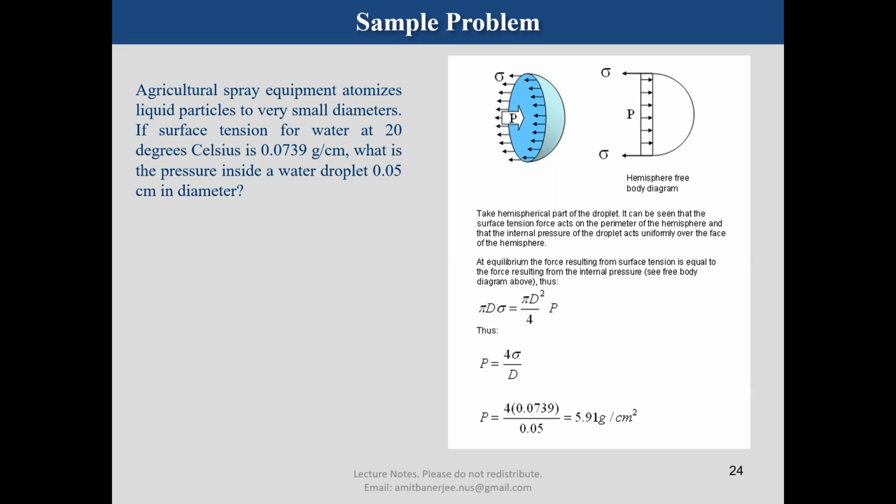So if we consider the hemispherical part of the droplet, the surface tension forces act on the perimeter of the hemisphere, and the internal pressure of the droplet acts uniformly over the surface of the hemisphere at equilibrium, because that's how the droplet is formed. The force resulting from the surface tension is equal to the force resulting from the internal pressure. So considering the internal pressure is P, the force will be this, whereas the surface tension force is the periphery times the surface tension. Thus the value will be something like this.